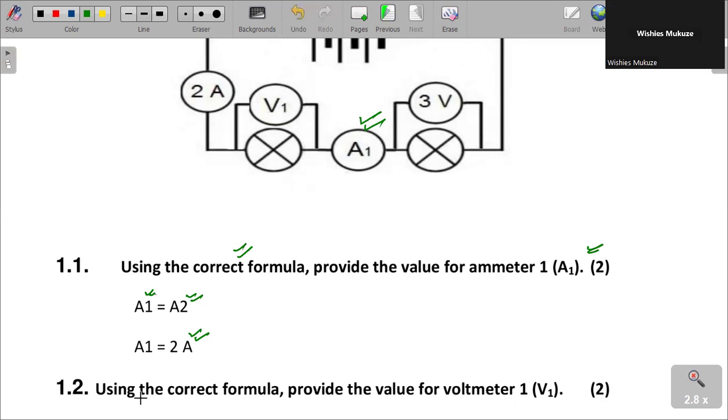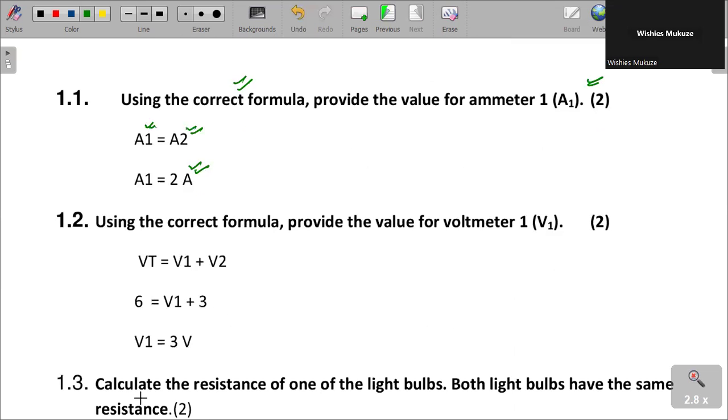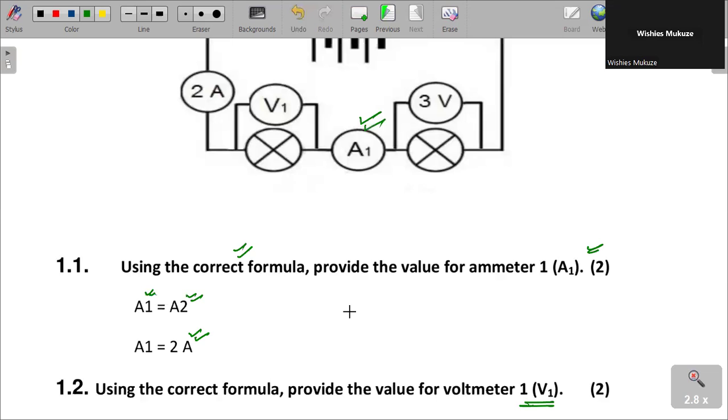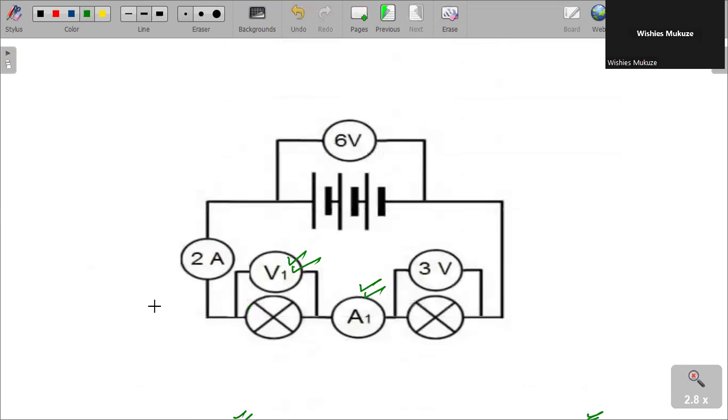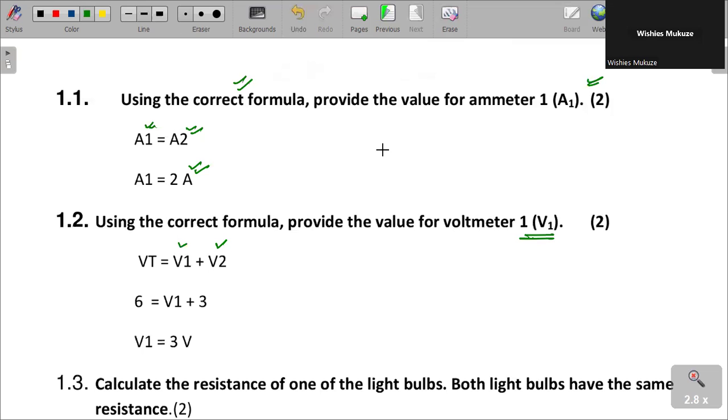And then the next question says, using the correct formula, provide the value of voltmeter 1 above. We are saying VT is equal to V1 plus V2. We are given 6 volts already, so 6 volts is equal to V1 plus 3, which is our voltmeter 2.